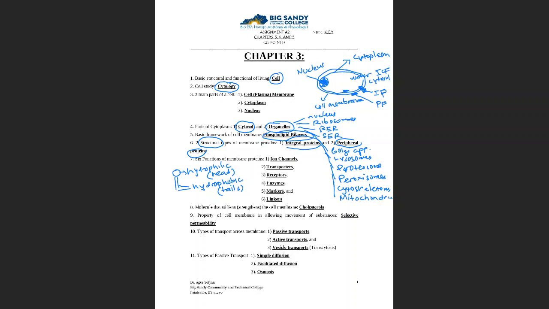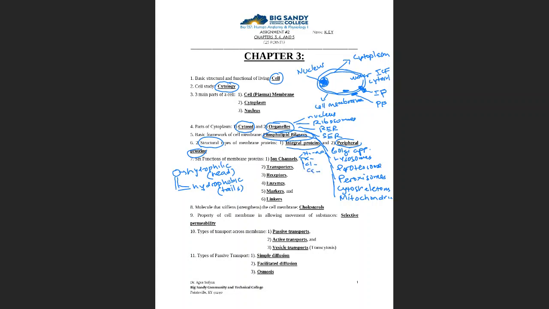And based on function, there are 6 types of proteins. The first one is the one that's used by ions to cross the cell membrane. It's called the ion channel. Each ion has its own channel. So in our cell membrane, we have a sodium channel, for example, a potassium channel, a chloride channel, a calcium channel.